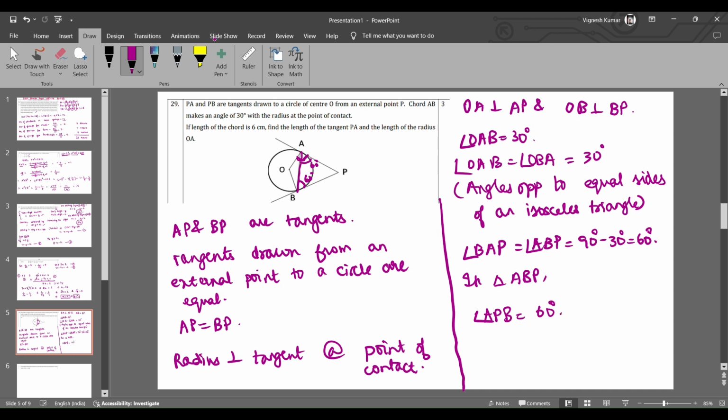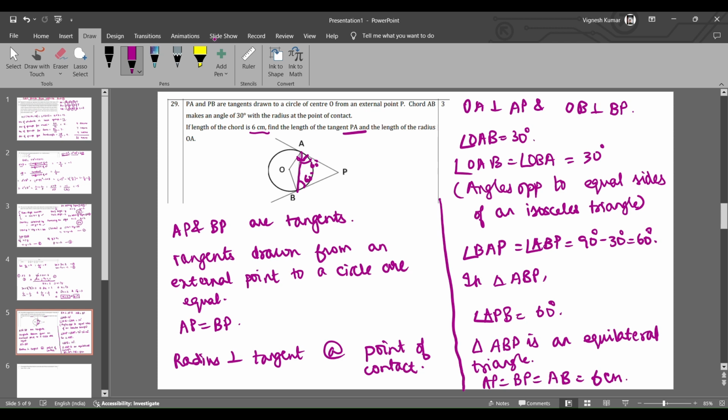So since all the angles of triangle ABP are 60 degree, triangle ABP is an equilateral triangle. Then AP is equal to BP is equal to AB, whose value is given. The length of the chord is 6 centimeter. So the length of the tangent PA is also 6 centimeter.